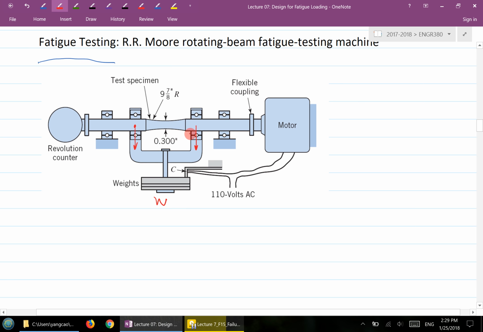Because they are symmetric, you have a W over here and a W over here. There are supporting bearings here, so you will have two supporting forces to balance out, giving another W here and another W here.